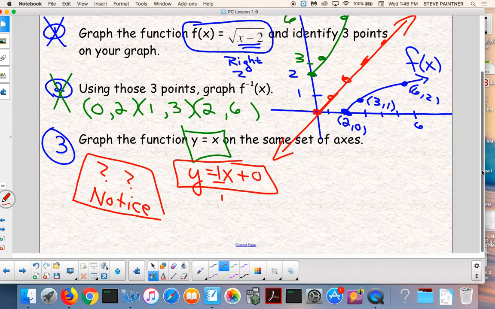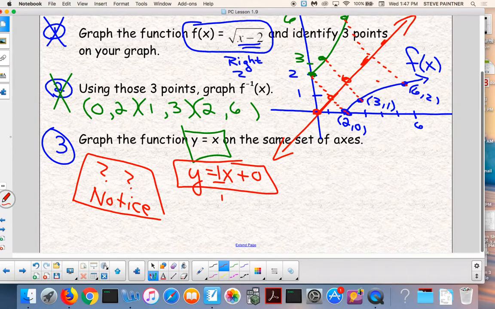Aren't the function f of x and the inverse function f negative 1 of x just reflections over this line? Yeah. So guys, 2, 0 is reflected straight across to 0, 2. 3, 1 is reflected where? 1, 3. 6, 2? 2, 6. They're equal distances away. I know it doesn't look like that, but that distance and that distance are supposed to be what? The same. But I don't have graph paper, so it doesn't look that good. But do you get it?